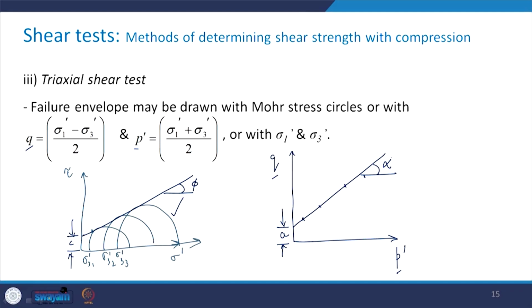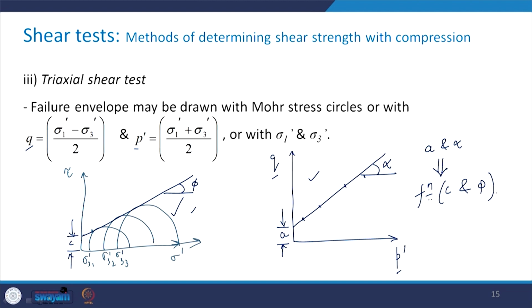If you compare these two, both are the same data representation. It is just that the space in which we are representing that data is different. Therefore, this A and alpha can be determined as a function of C and phi.